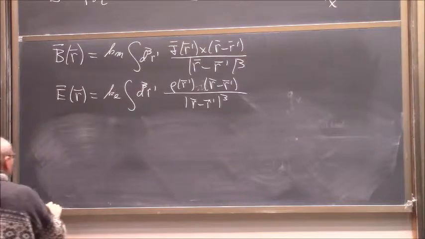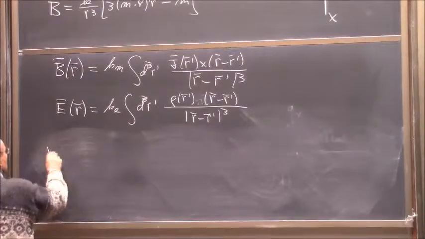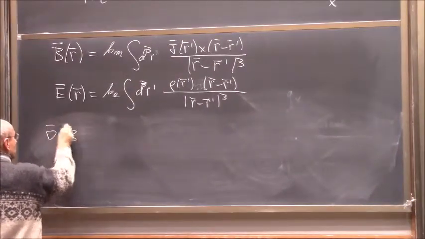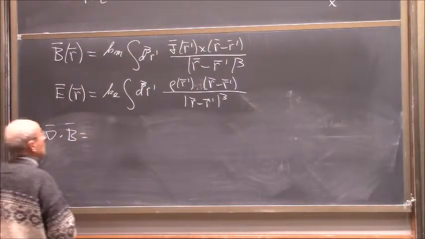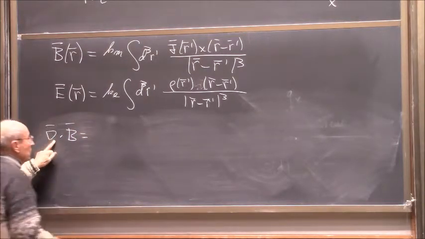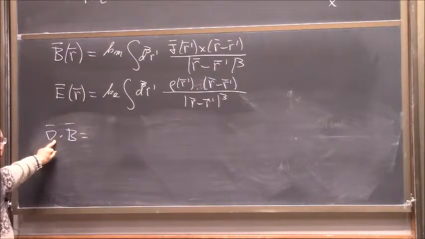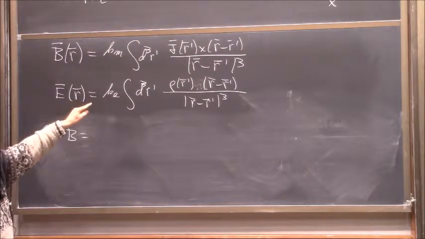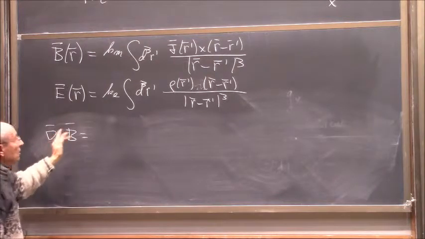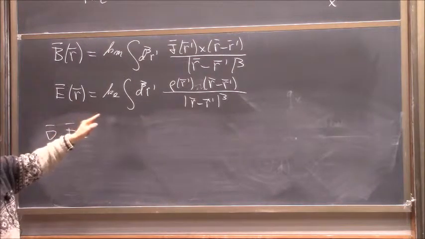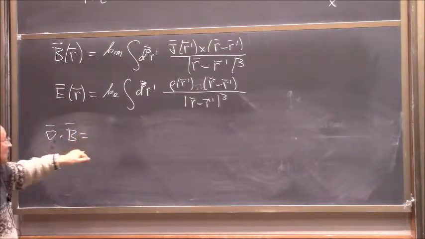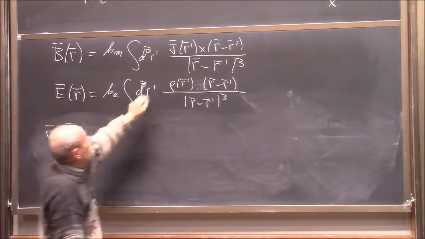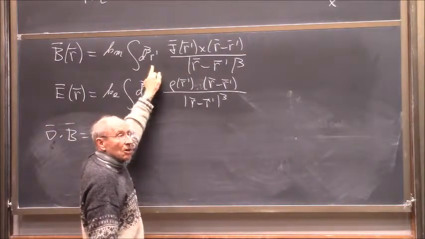So first, let's do the divergence. Divergence of B. Well, this is derivatives with respect to r. That integral is with respect to r prime. So I can take the derivative inside the integral, because this is derivatives with respect to r, and that's integral with respect to r prime.